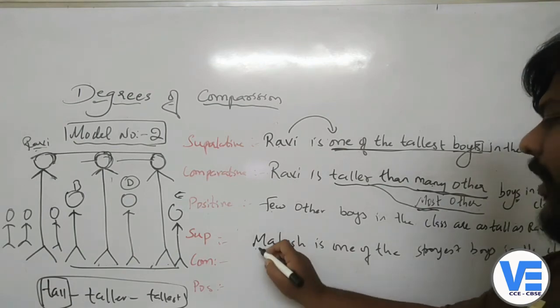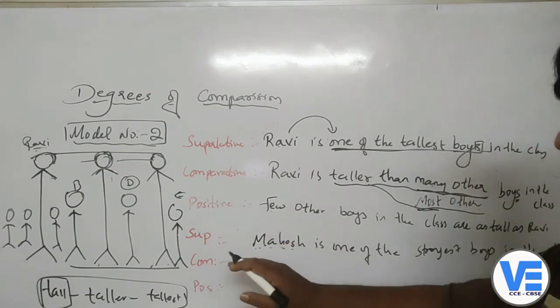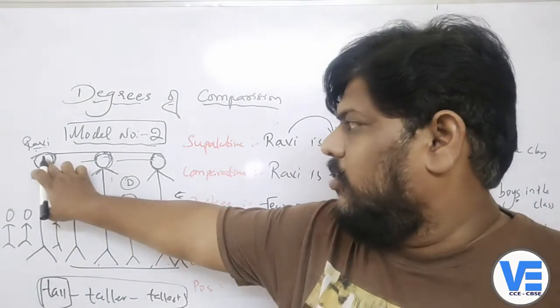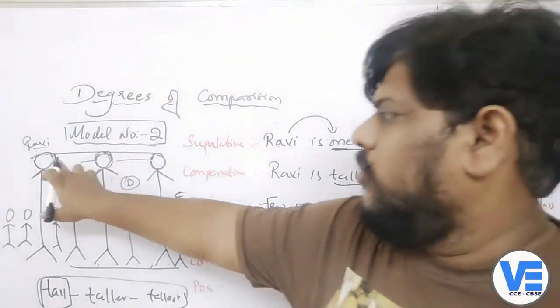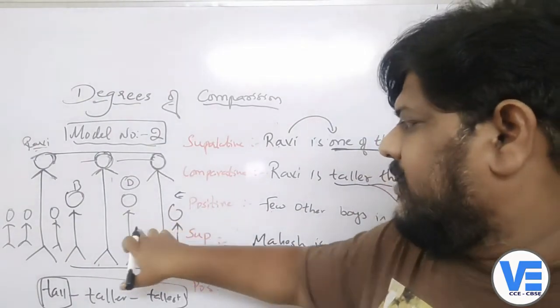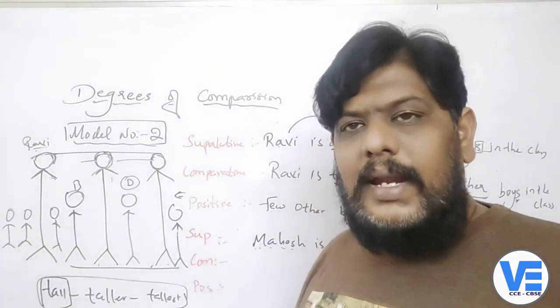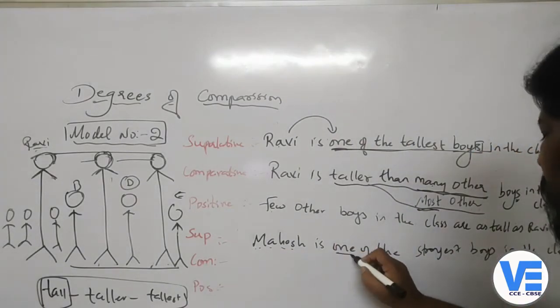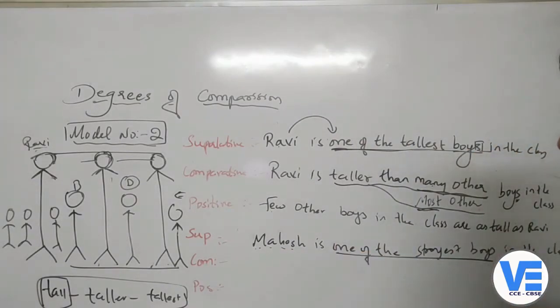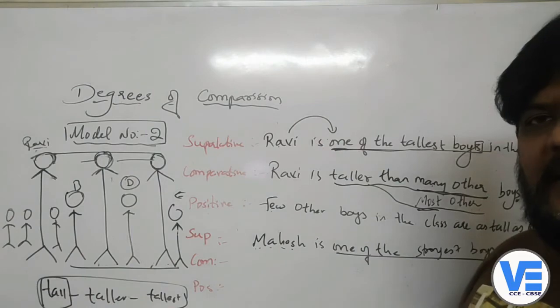So here Mahesh is one of them. For example, this is Mahesh, he's strong, and this is Rajesh, he is strong, and this is Naresh, he is strong. So all these three are strong, whereas the others are not that strong. So here what you can say is Mahesh is one of the strongest boys in the class. That will be the superlative statement.